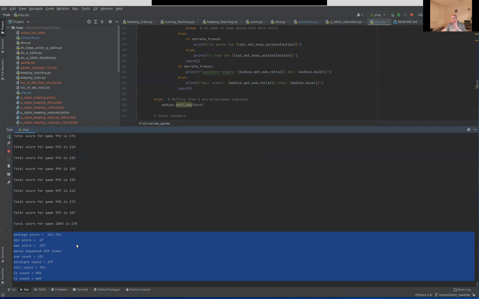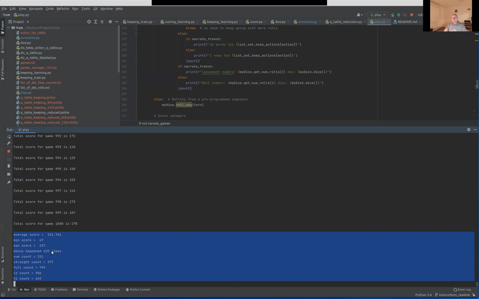Now one thing I really like to show is the breakdown of the categories. The bonus, as you might recall, happens when you've scored a total of 63 or better above the line. And here the bonus, it got essentially 629 times out of 1,000.